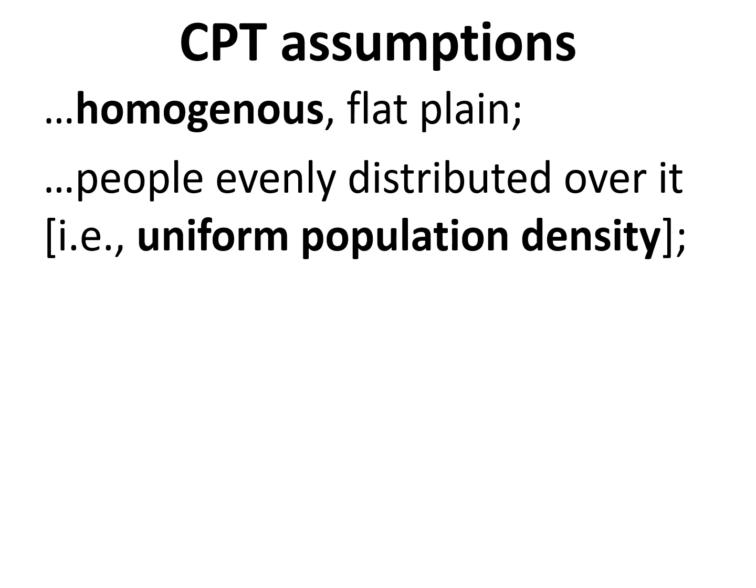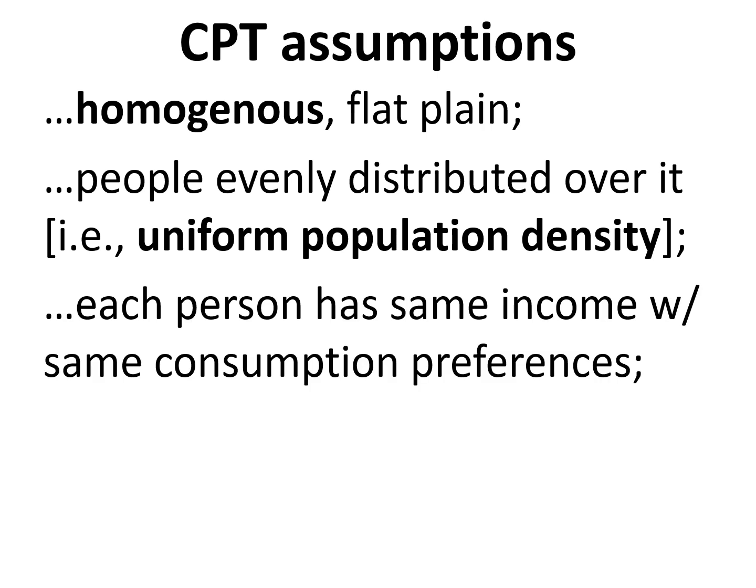This means that there's uniform population density. Each square kilometer has the same number of people as any other square kilometer on this plane. Third, each person has the same income and the same consumption preferences.